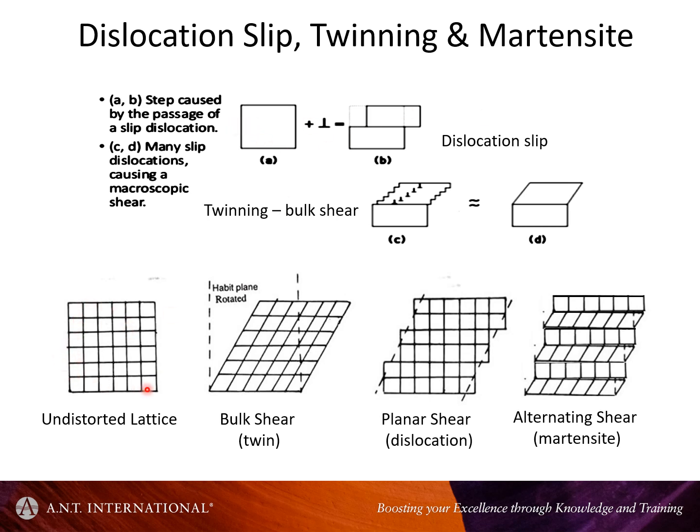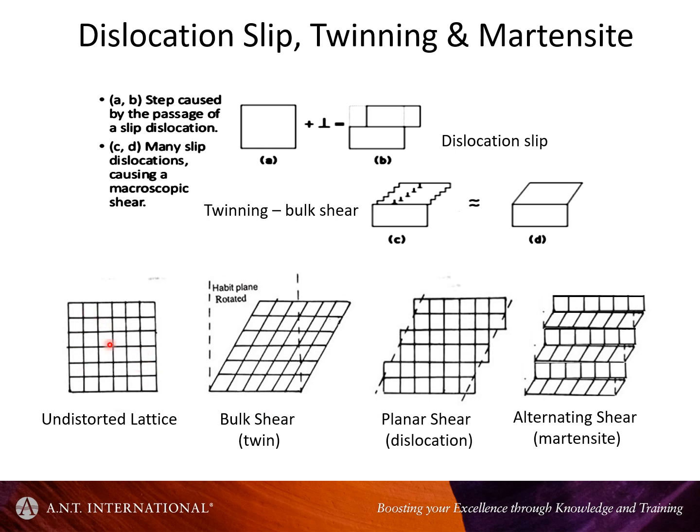Let's say this is an arrangement of atoms, and we can shear this block of atoms like this on particular planes, shear them on different slip planes like that, or we can shear as a bulk shear operation, and that's known as twinning.